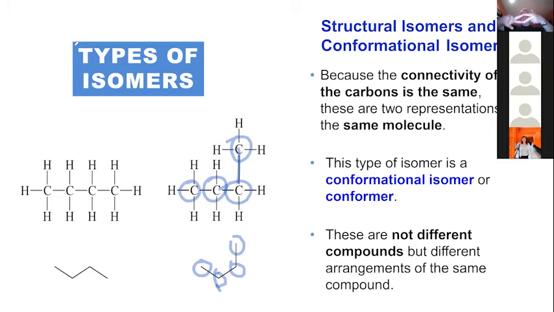You can't rotate them because you'd have to break one in order to rotate them. So with a double bond, you're stuck in space. One of my thumbs is up and the other is down, and I can't move them. I can't rotate a double bond, but with single bonds, you can freely rotate and come up with all kinds of different shapes.